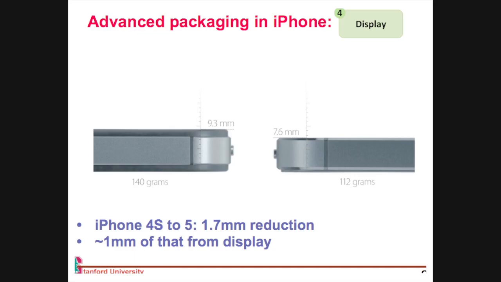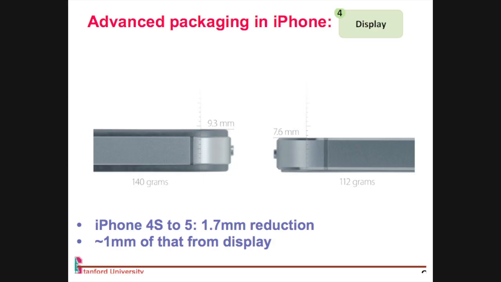The final thing that I want to talk about, which involves advanced packaging in your iPhones, is your display. I want to give you some flavor here, but we'll talk about this in much more detail next week when we talk about displays.